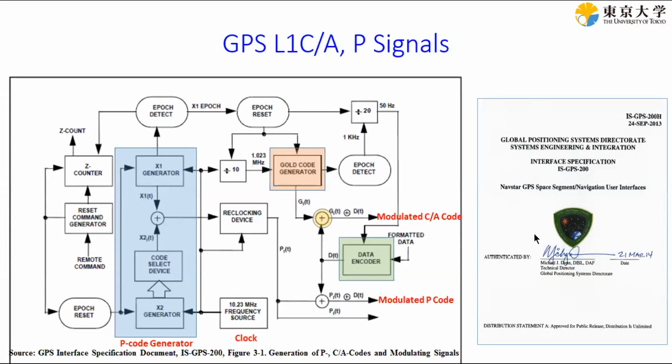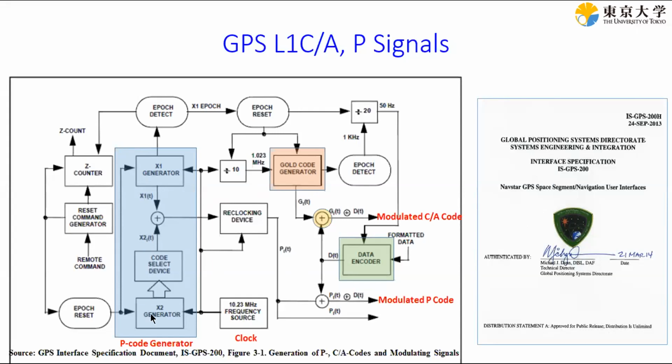Now, this document, you can download on the internet, and it tells how to make a signal. Okay. So here you can see how the signals are made. This seems to be a bit complex, but I will tell you a very easy way, because this is the diagram to make both civilian and military signal, CA and P code.